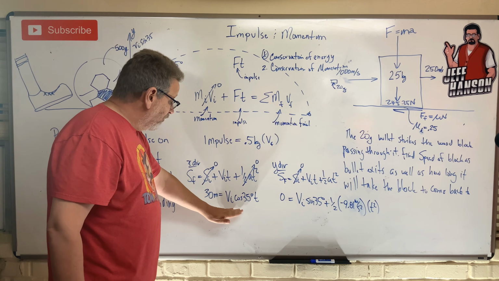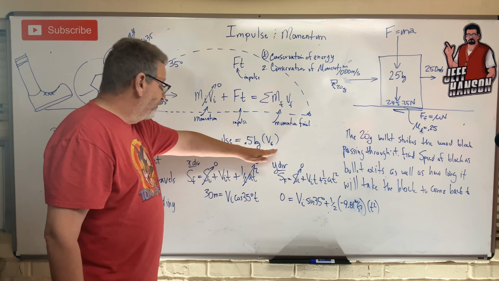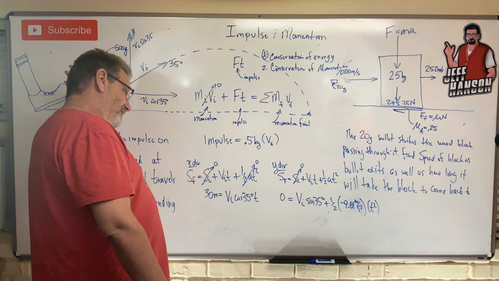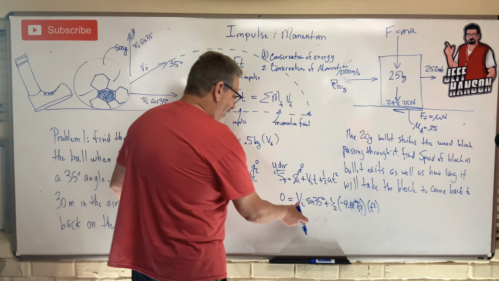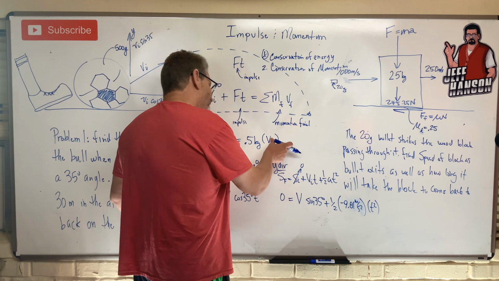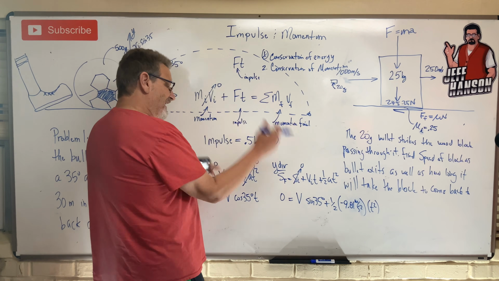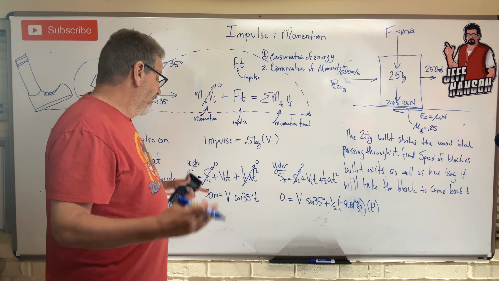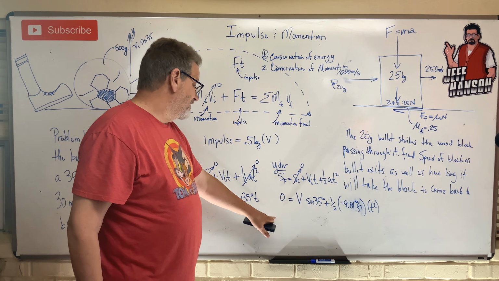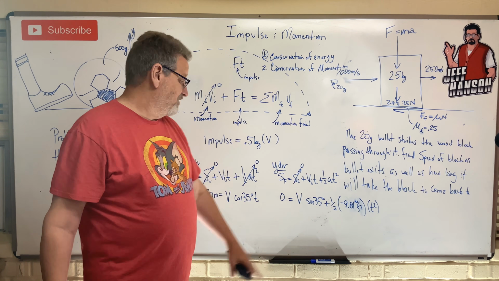So the initial of this is equal to the final of that, okay? So to lessen the confusion, let's just get rid of that I and that I, and we'll get rid of that F, because that V is the same V as that V. That's what we're searching for. Now look what we've got. We've got two equations with two unknowns.